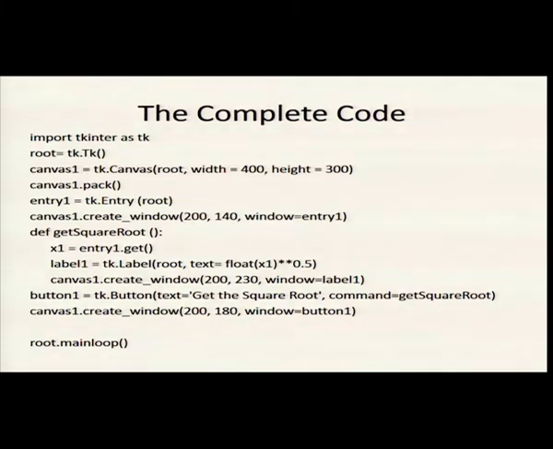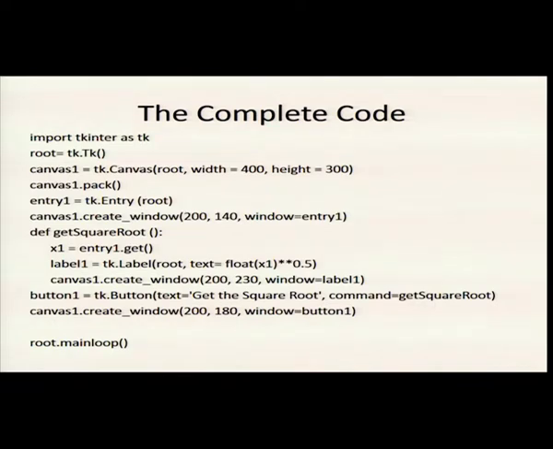This is what we saw in the earlier slide for creating a canvas. canvas1.pack. Similarly, for making the input entry, entry1 equal to tk.Entry of root, canvas1.create_window 200, 140, window equal to entry1.